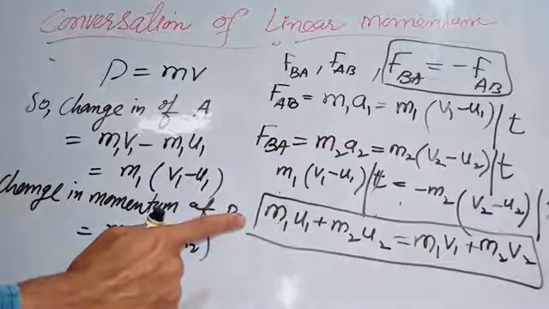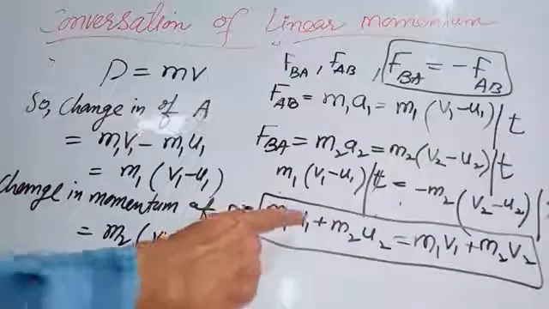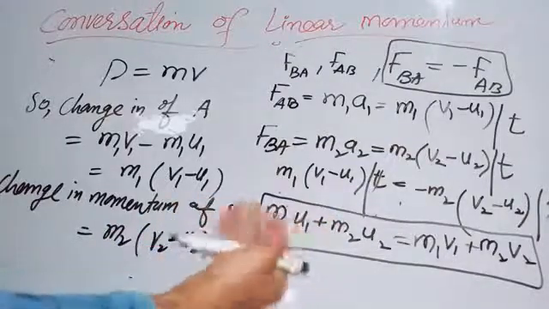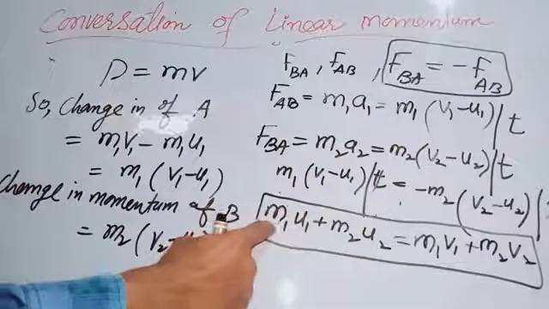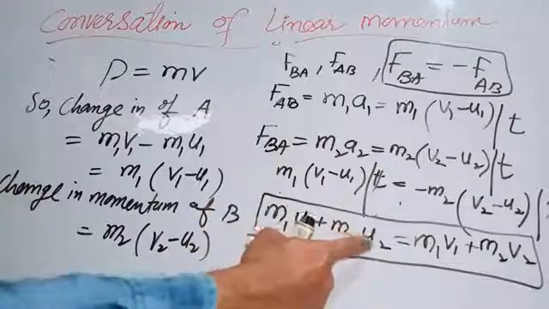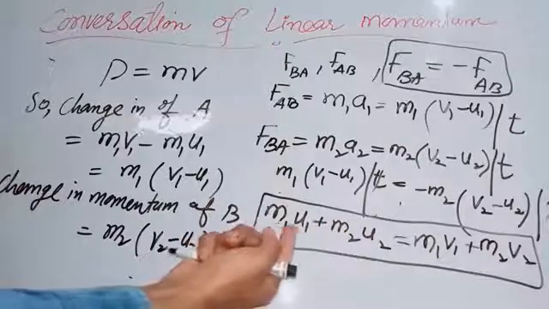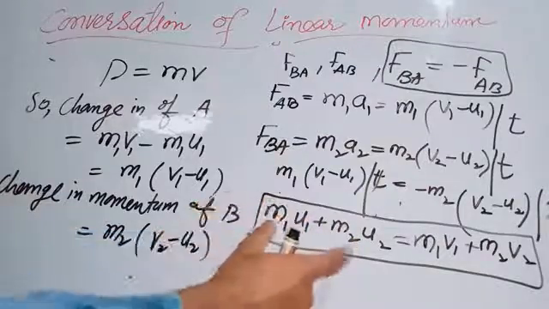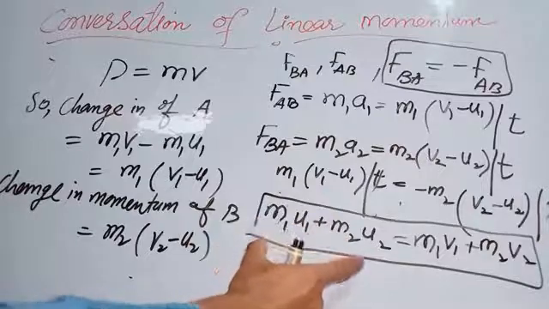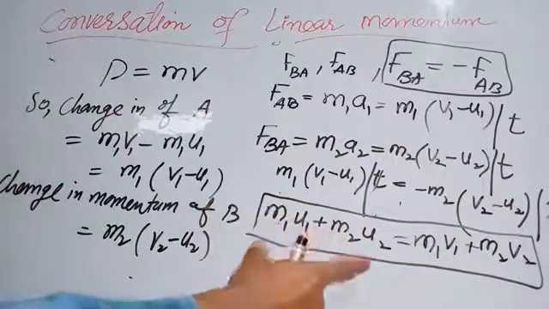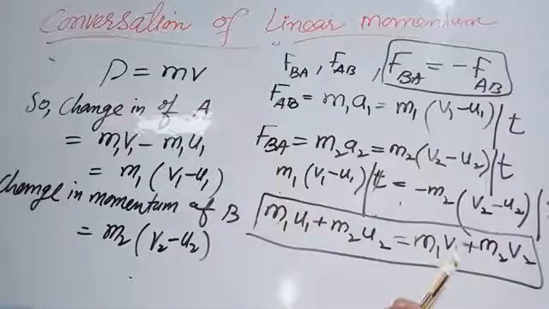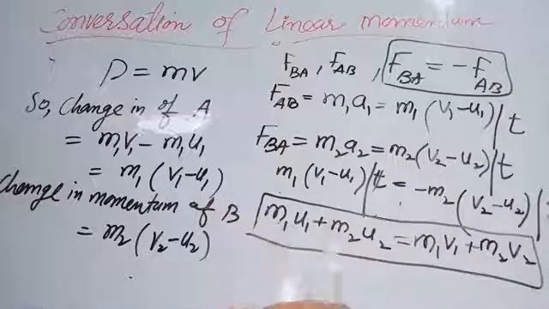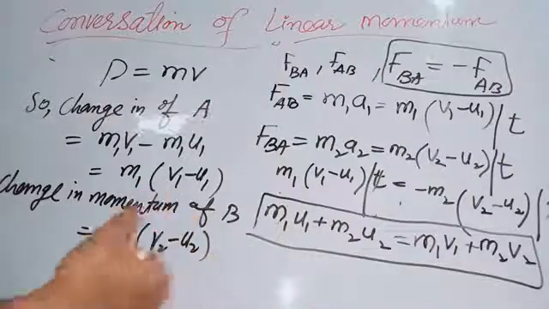If you look here, m1u1 plus m2u2 represents the total momentum of objects A and B. This is the initial momentum, because here it is u1 and here it is u2: the initial momentum of object A and the initial momentum of object B. So the total initial momentum of objects A and B is equal to the final momentum of object A plus object B. So the initial momentum of the two objects is equal to the final momentum of the two objects. That means the linear momentum is conserved.